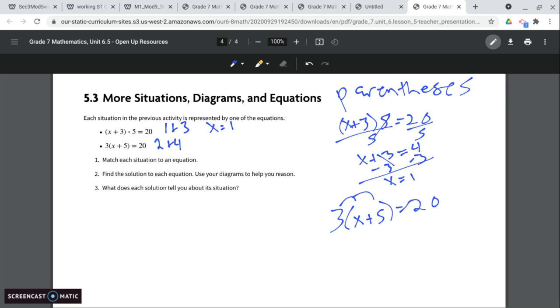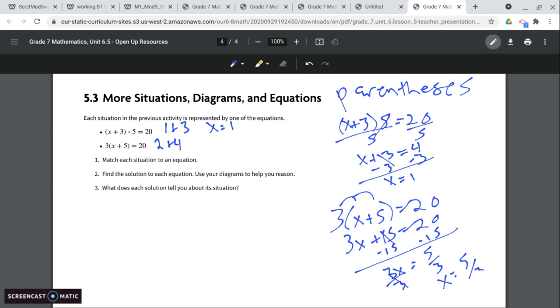Now in this one, I'm going to distribute first because 20 isn't easily divisible by 3. 3X plus 15 equals 20. Subtract the 15, and that way I don't have to deal with fractions for as long. Divide by 3. So X equals 5/3.